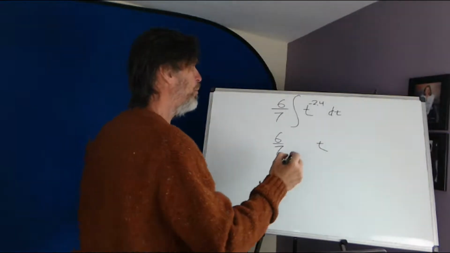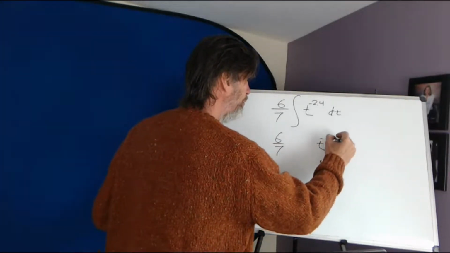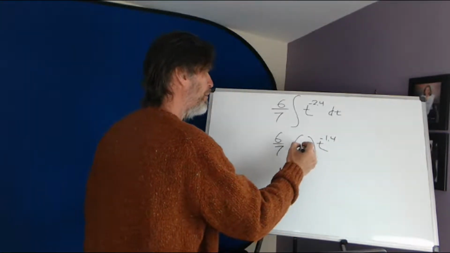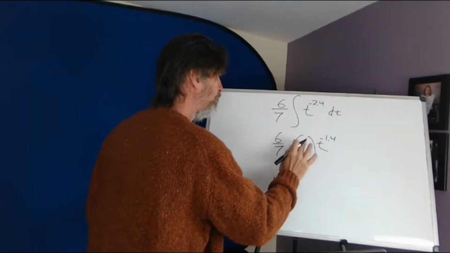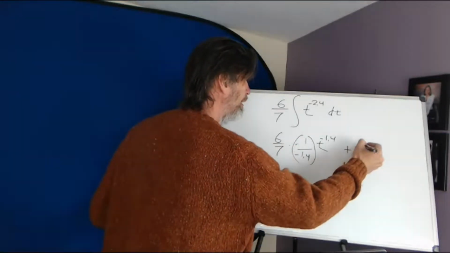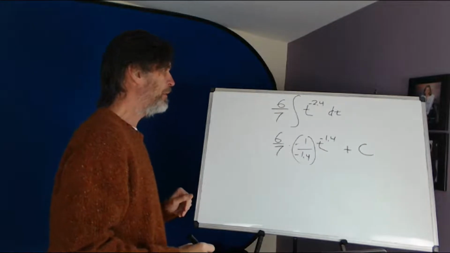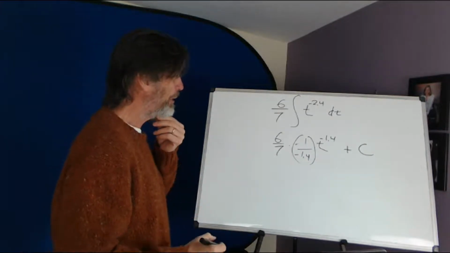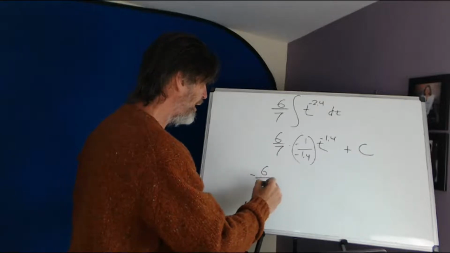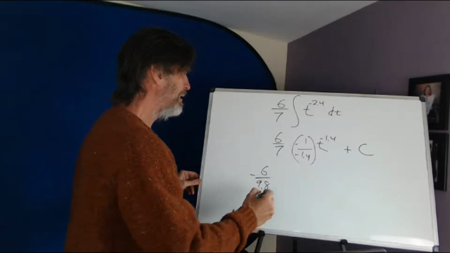Raise the power by 1, negative 1.4, multiplied by the reciprocal of the new power, negative 1 over negative 1.4, then plus c. That's 9.8, so I guess this would be negative 6 over 9.8.